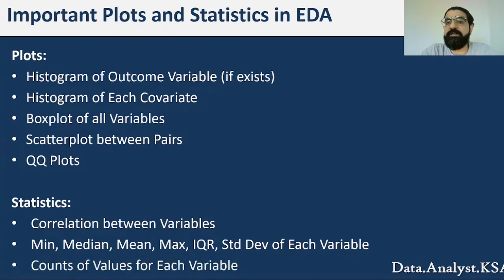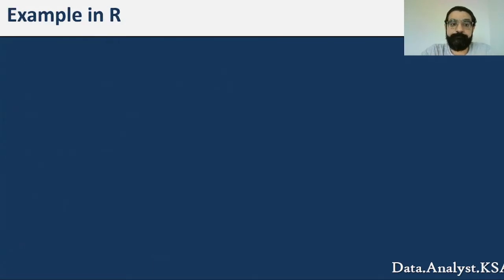Also, you want to check the counts of values for each variable, because your data set is probably very large, or a big data problem. You are not sure if every variable has all the values for every observation. So you want to check. Maybe then you end up reducing your data set by taking a sample of 90% or 80%, then doing data splitting on that. So all of this is answered during your exploration of the data.